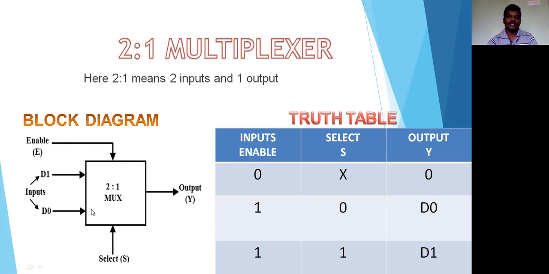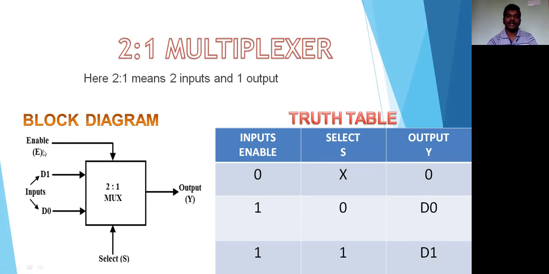And in addition to this, we have one enable signal. As I told you before, there are two kinds of enabling, active low enabling and active high enabling. The function of this enable signal is just to enable or disable this mux.